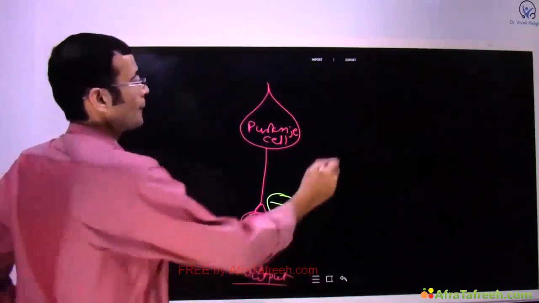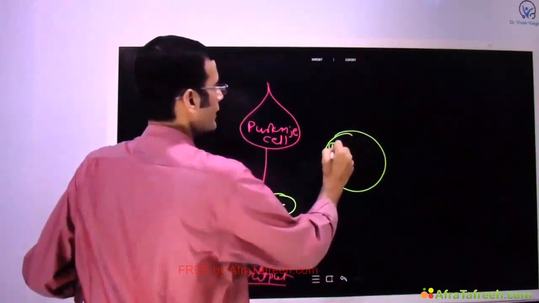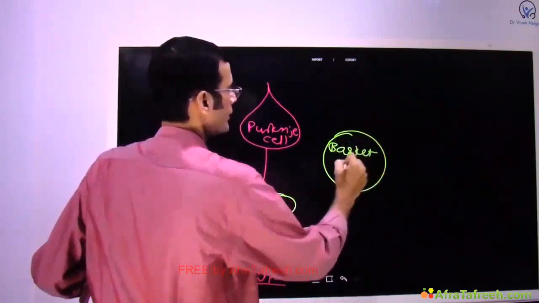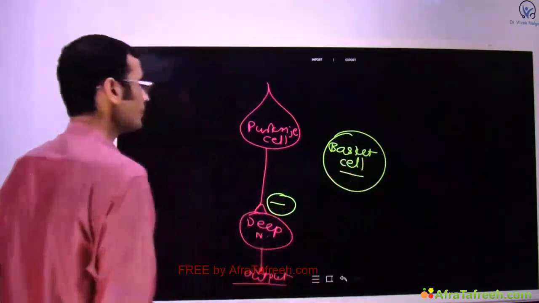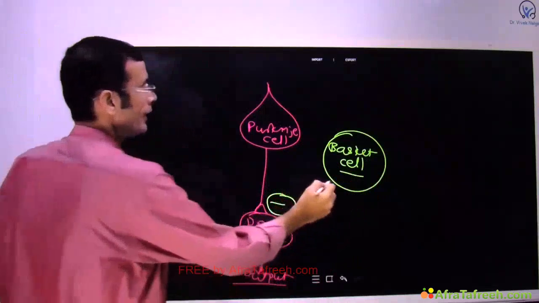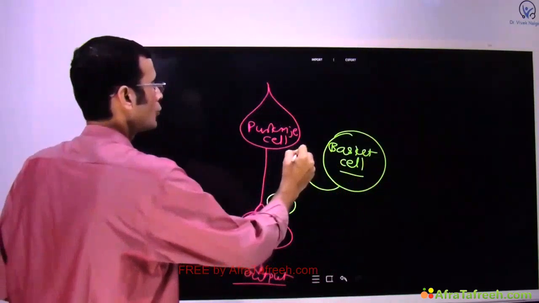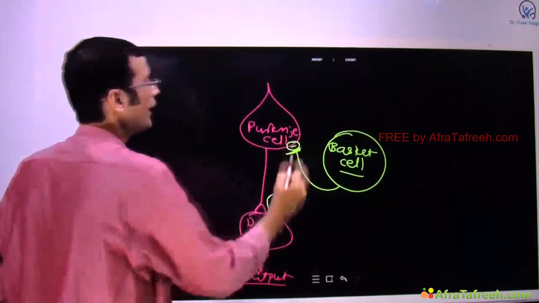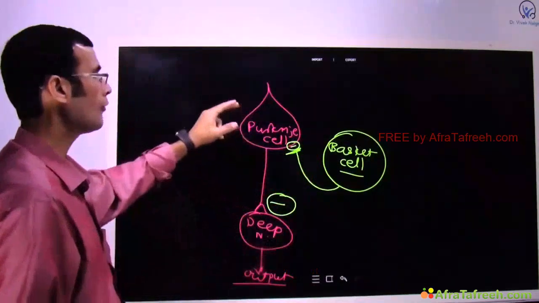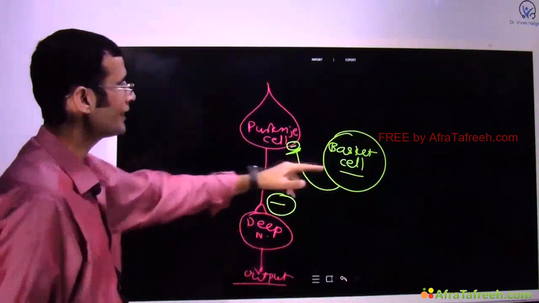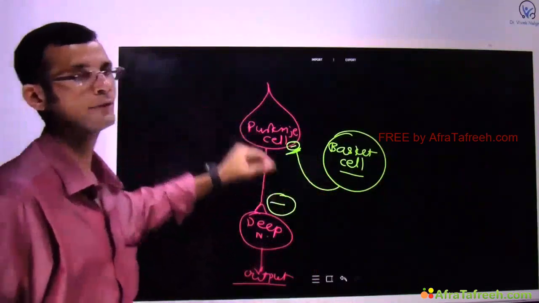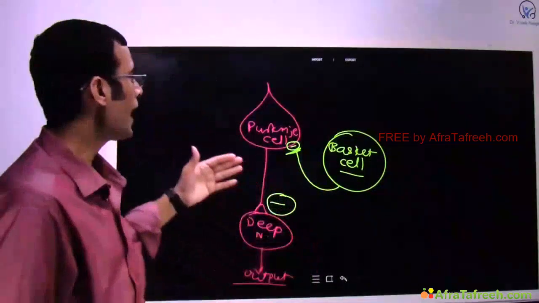Now, there is a basket cell in the cerebellum. This basket cell gives out a short axon, and this short axon then ends on the cell soma of the Purkinje cell. This is an axosomatic synapse. What is the outcome of this?